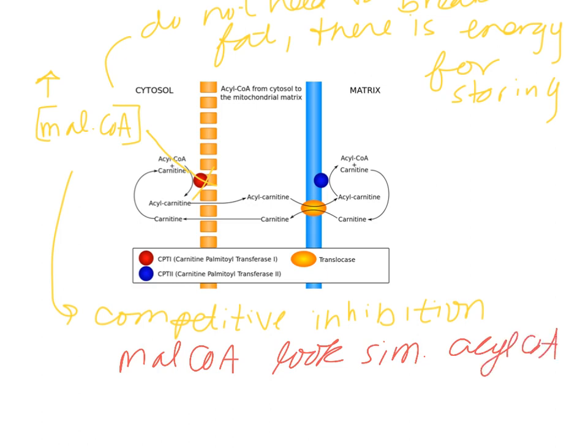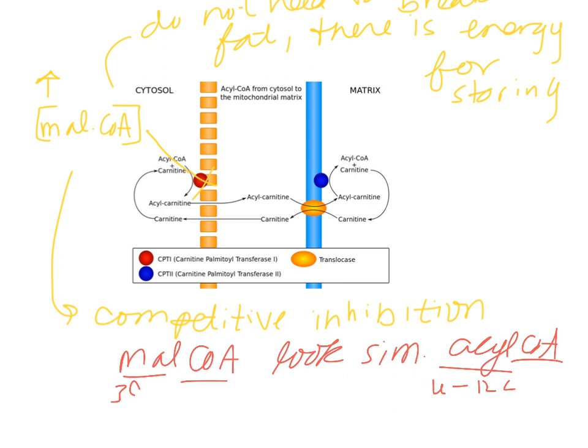They'll both still have the CoA on them, right? So that's the same, and that CoA group is humongous. Malonyl-CoA has the 3 carbons, or well, actually 2 reduced carbons and 1 carbonyl. And this acyl-CoA is somewhere between 6 to 12 carbons long.